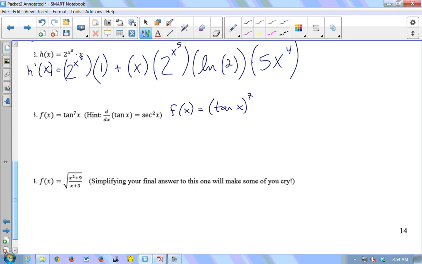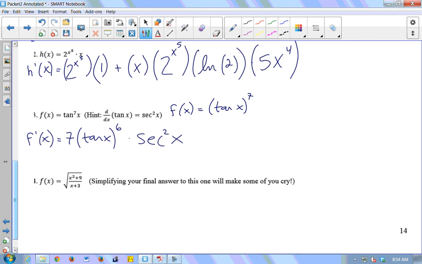So f prime, right? I'm using the power rule. This is some stuff to a number, so I apply the power rule first. It's going to be 7 times my stuff to the 6th, but then times the derivative of the stuff, and they told us that the derivative of tangent x is secant squared x.